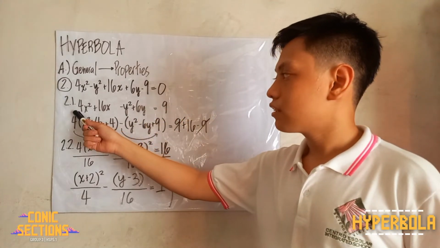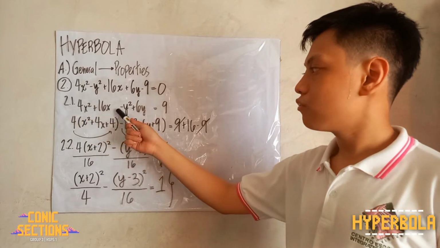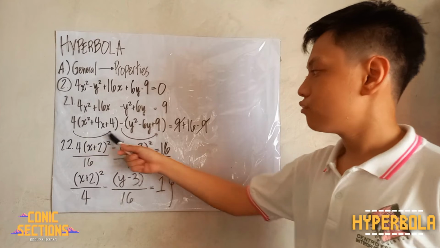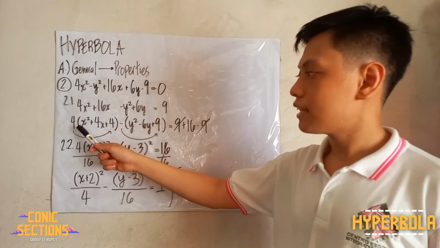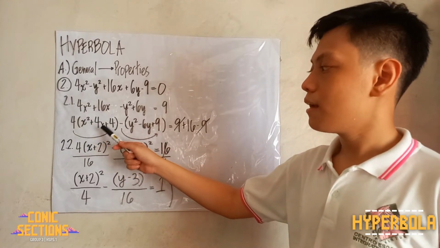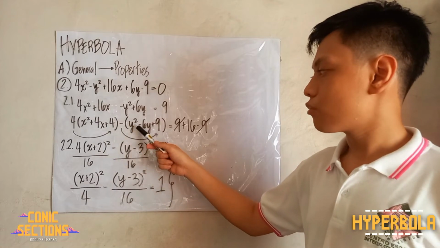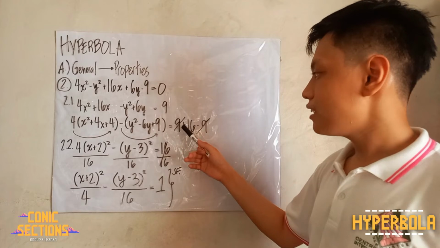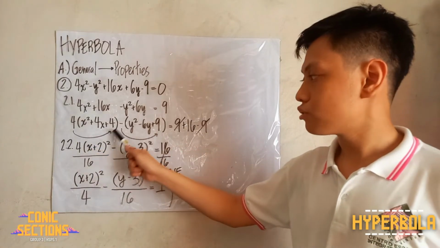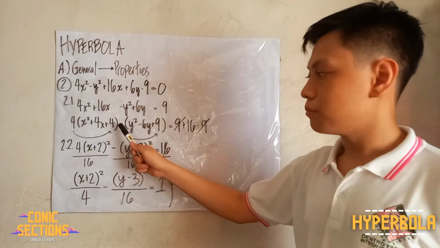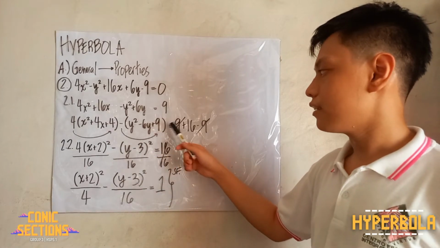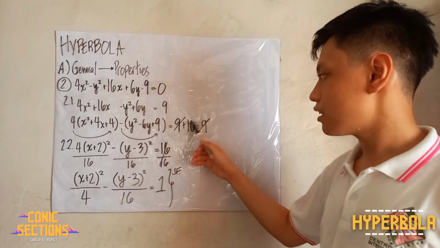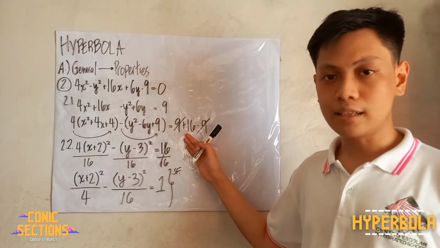So again, we will factor out this 4 and negative 1 so that we can complete the square. Thus, we are left with this equation. We have 4 times x squared plus 4x plus 4 minus y squared minus 6y plus 9 equals 9 plus 16 from 4 times 4 minus 9 from negative 1 times 9. So obviously, the negative 9 and the positive 9 will cancel out, leaving us with 16.